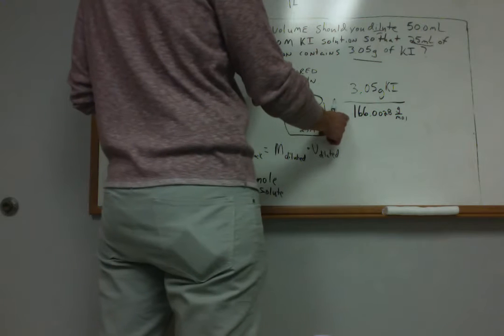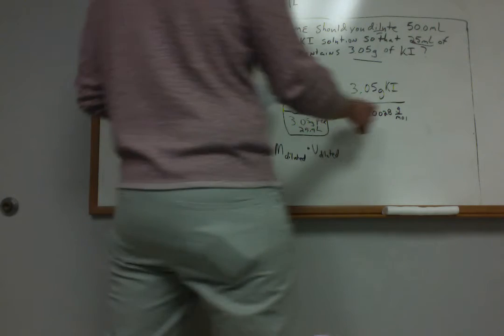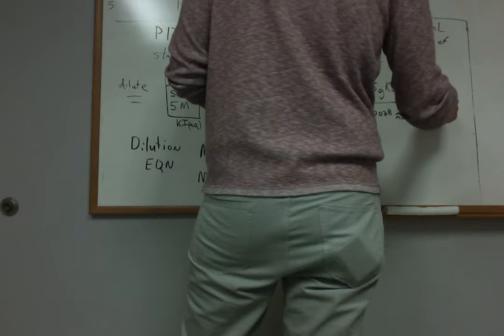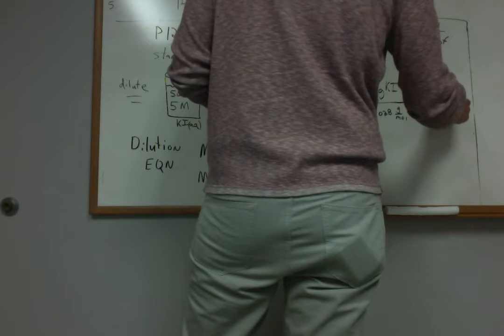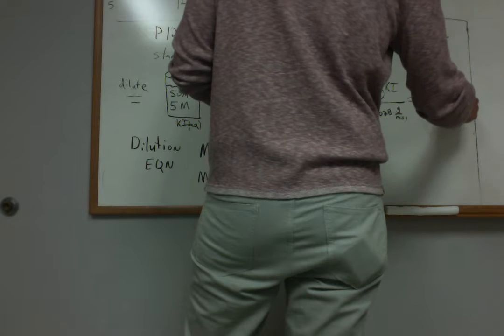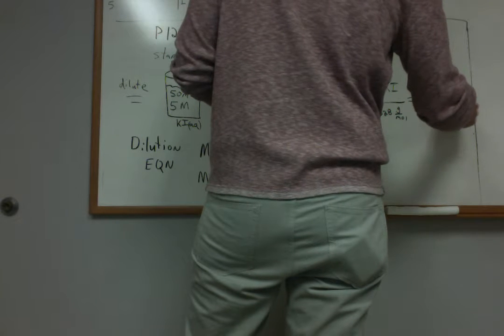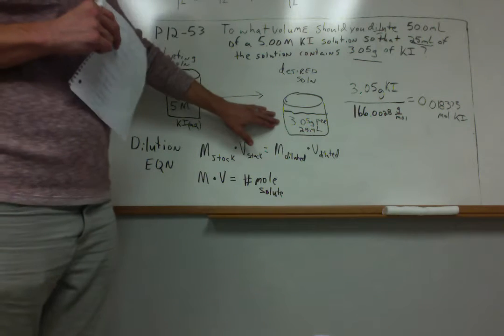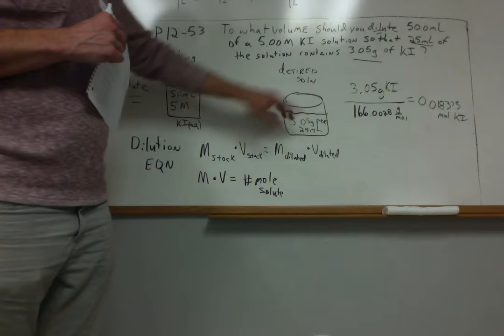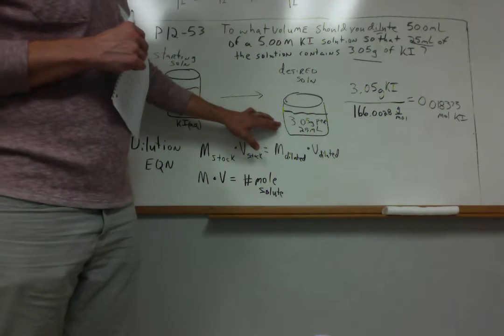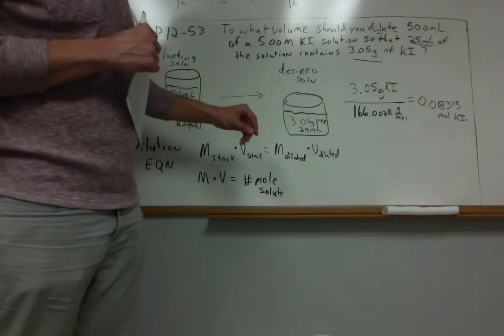That's the molar mass of my potassium iodide. When I do the math on that, I have 0.018373 mole of KI present in my hypothetical solution. Okay, so a little over 18 millimoles of KI present in this solution, 0.0183 moles.